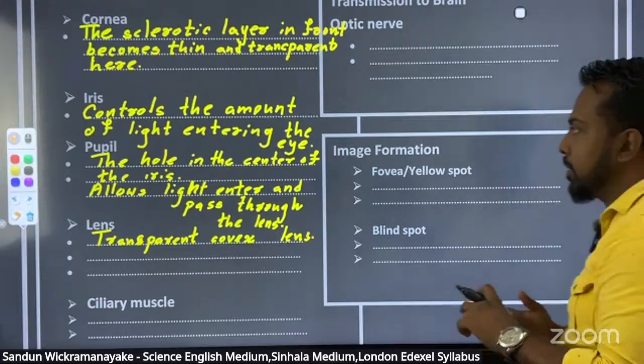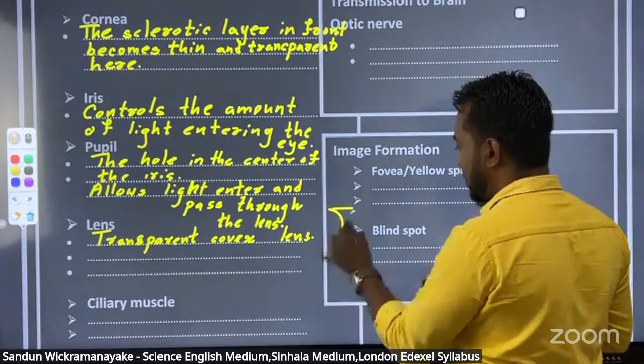The other shape is concave, which is like this.